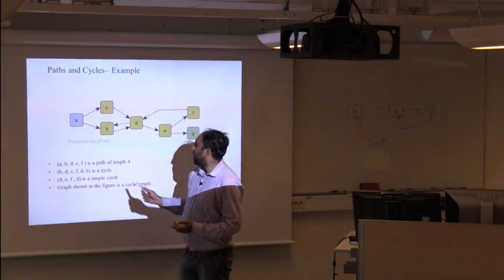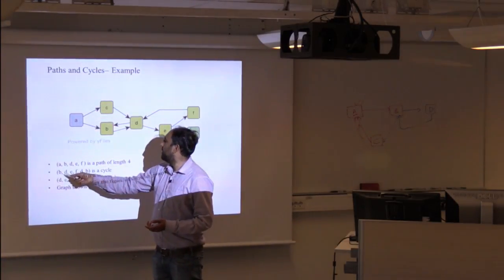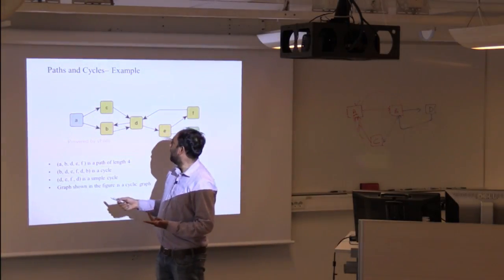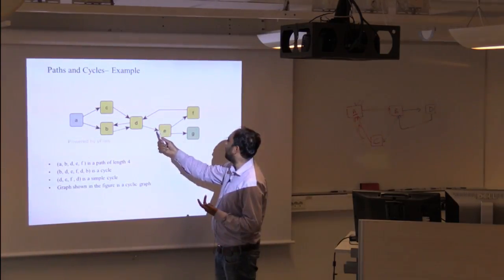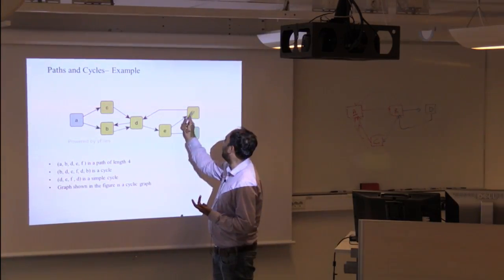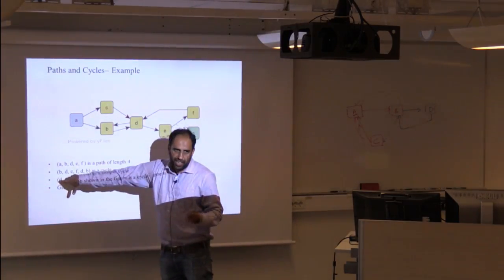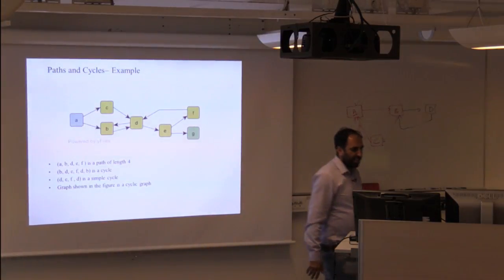But it's not a simple cycle because D comes twice. For a simple cycle, it should be only once. For example, D, E, F, D has no repeated node other than the start and the end. Start and end being the same is okay because that's a necessary condition for having a cycle.